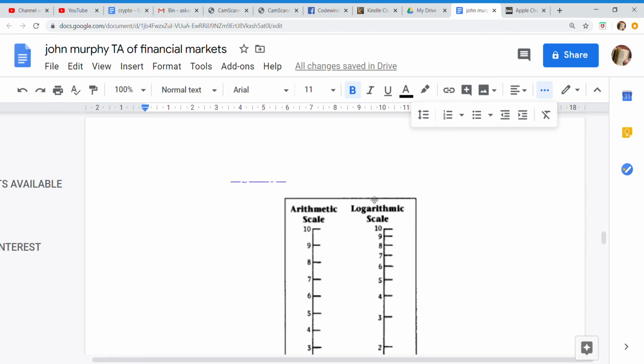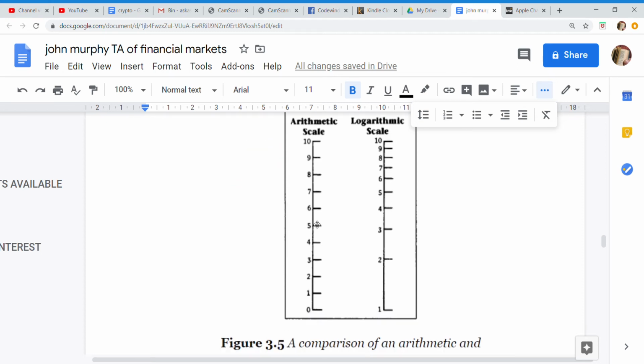So this is the arithmetic scale and this is the logarithmic scale. In the arithmetic scale, all points are equidistant. In the logarithmic scale, all points are not equidistant.